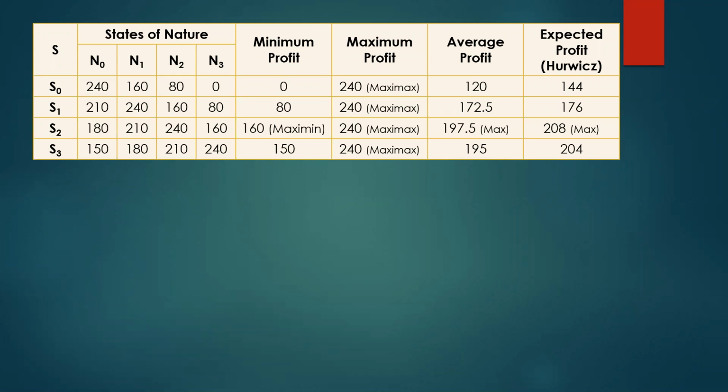But I would prefer to divide this by 4, because if you look at the definition of Laplace criteria and the formula which they have clearly mentioned, you have to make use of the total number of states of nature. So if I have 4 states of nature, I have to divide by 4.